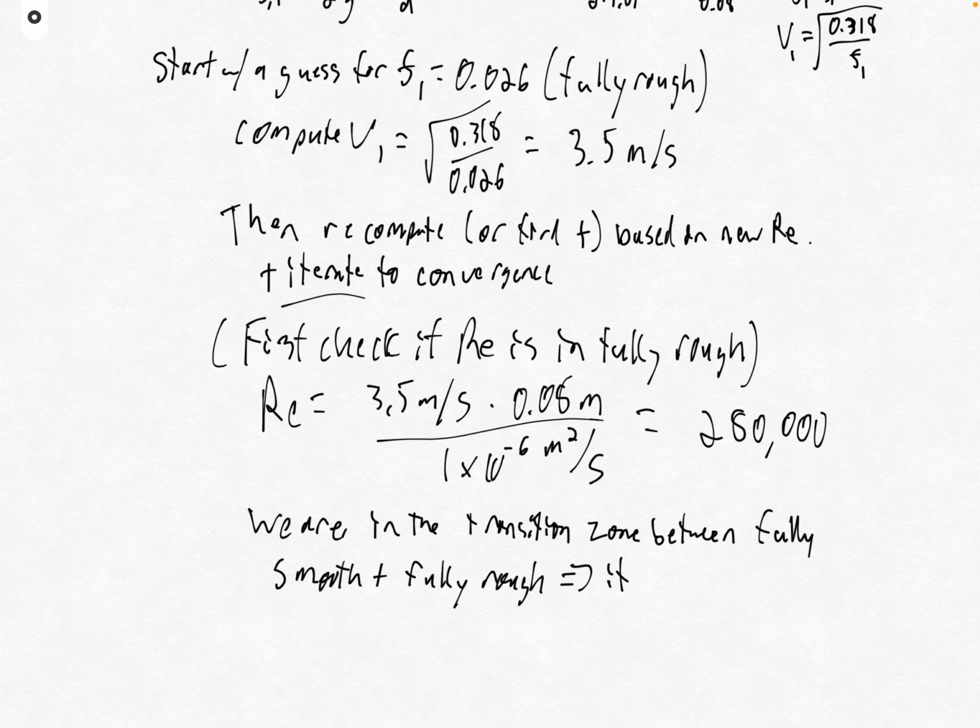Therefore, iterate to convergence. And that iteration would involve using this Reynolds number and the known friction factor to recompute, to find F. Once we've recomputed F, we'll recompute V, and then recompute the Reynolds number. Let's just show one of those iterations here.